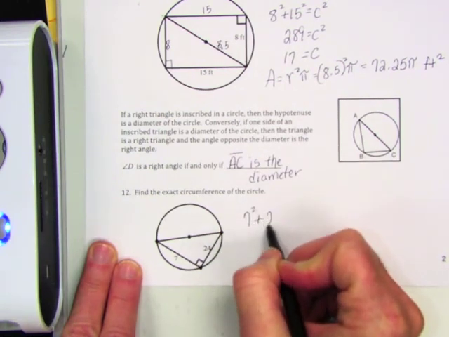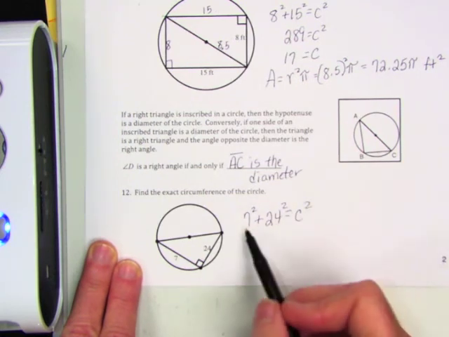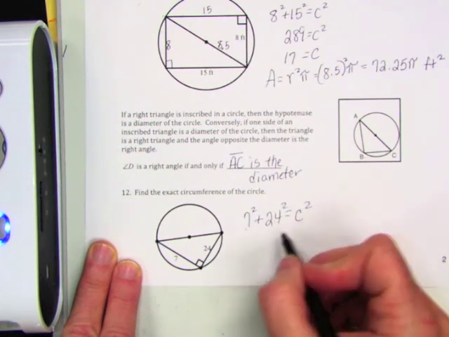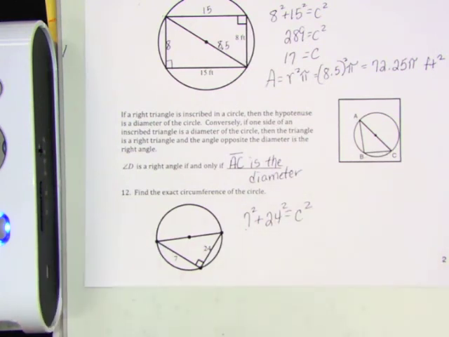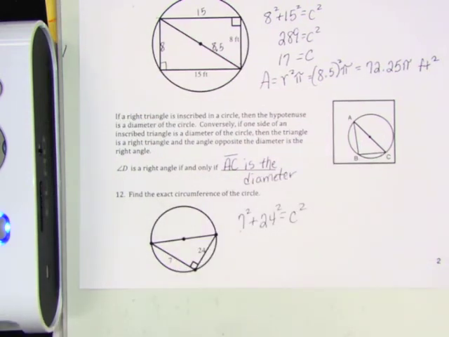7 squared plus 24 squared equals c squared. That's 49. That's 576. So that ends up being, let's check that out, 7 squared plus 24 squared is 625. And if we square root that, we see that 25 is the diameter.